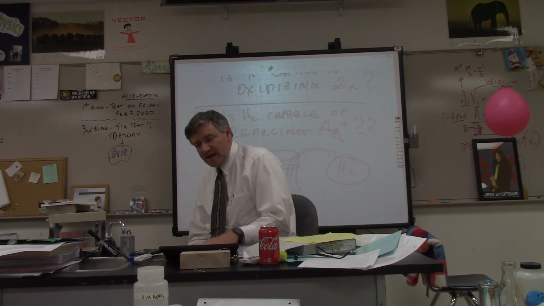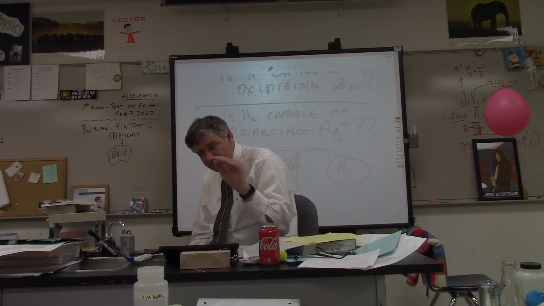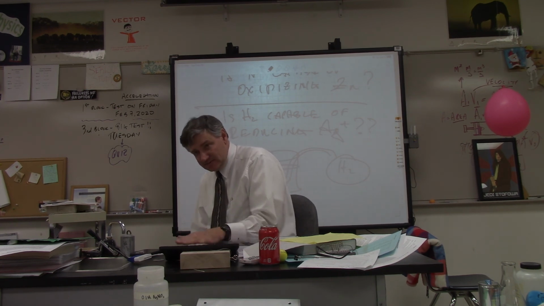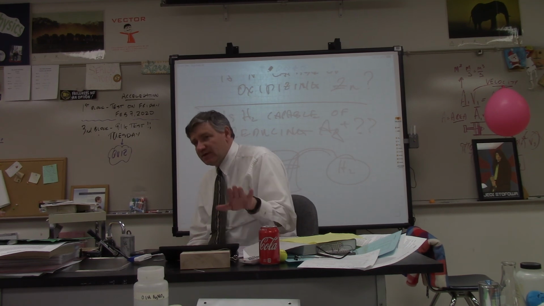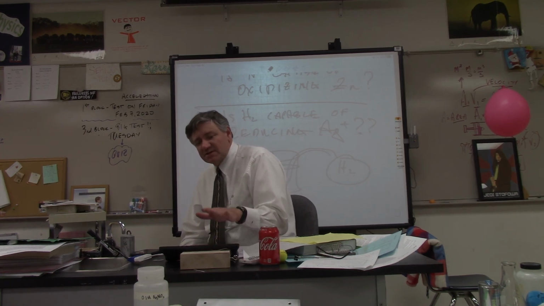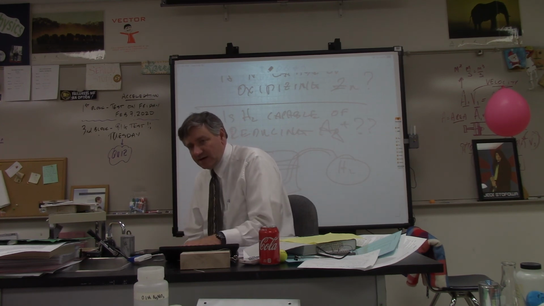Okay? So if the answer to this question is yes, you would begin to see silver very slowly form in the beaker or whatever you're doing this in. If the answer is no, then nothing's going to change. Okay? So here's the million-dollar question. Is hydrogen capable of reducing silver ions?